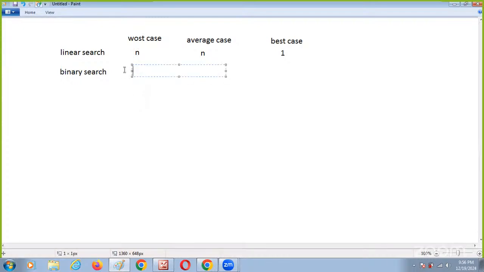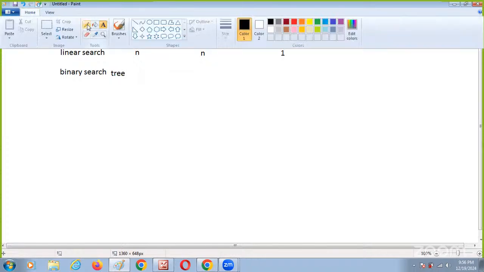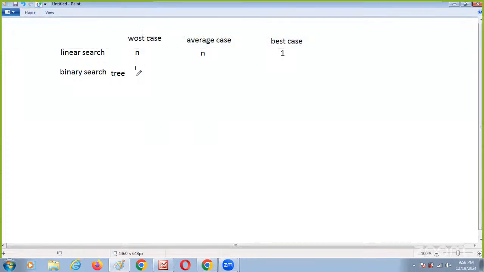In the worst case, I gave 2 cases for binary search, I mean binary search tree. Minimum worst case as well as maximum worst case.